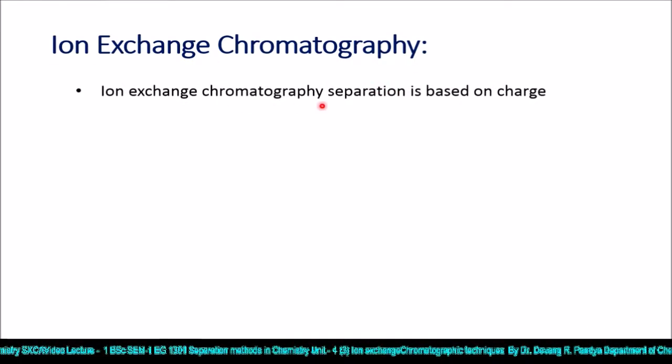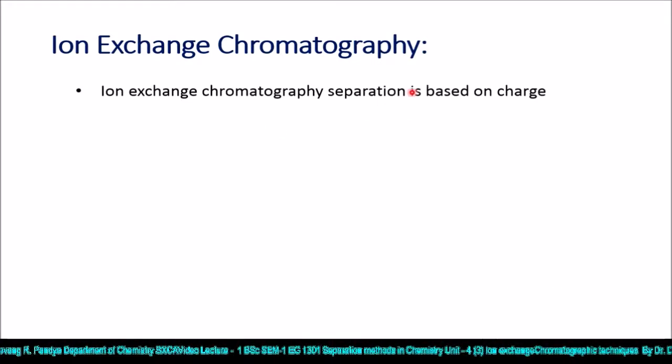Ion exchange chromatography separation is based on charge. You may say this is the specific quality of ion exchange chromatography, or you may say this is the limitation of it. If the compounds which we want to separate from each other do not possess charge, then ion exchange chromatography is not used for such compounds.